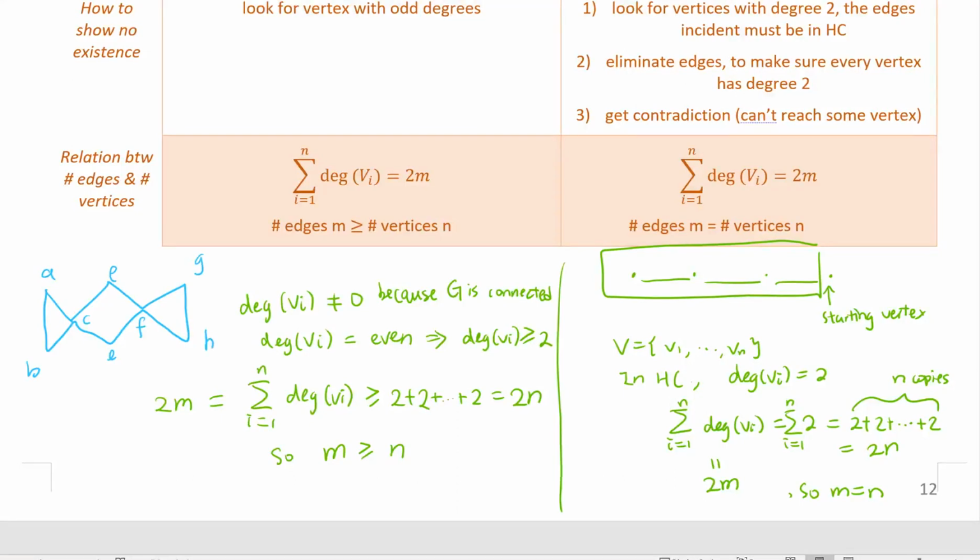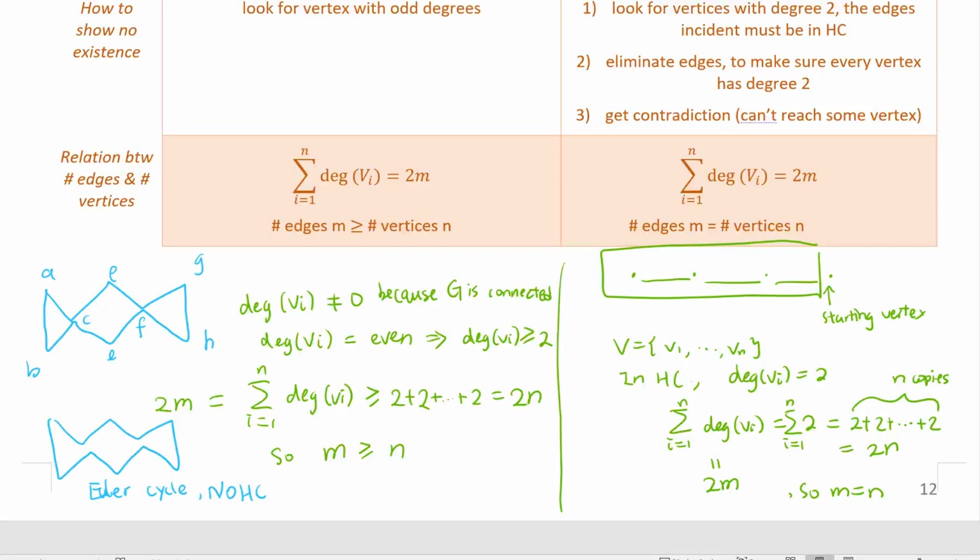It has an Euler cycle. The Euler cycle is like this. Okay, this is an Euler cycle. However, it does not have a Hamiltonian cycle. Why is that?